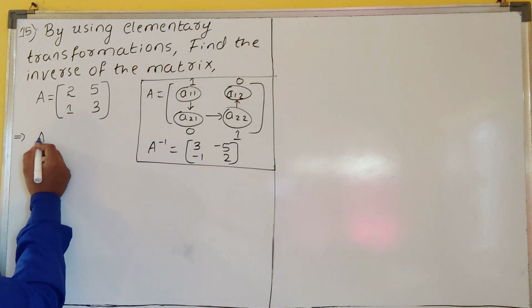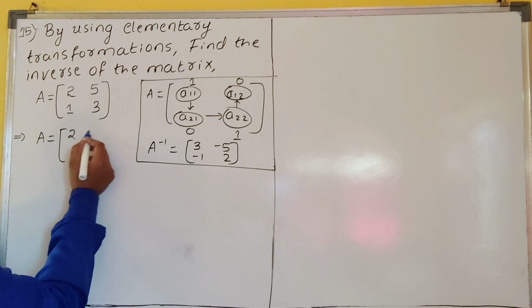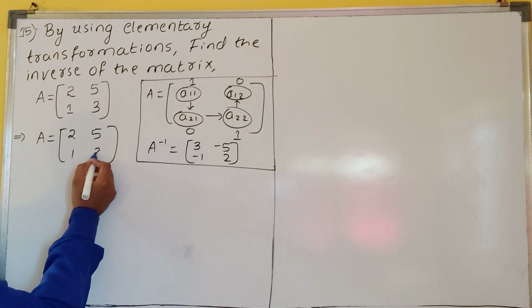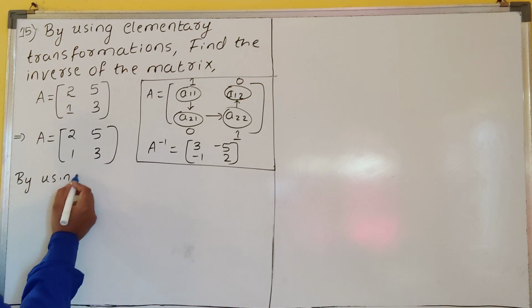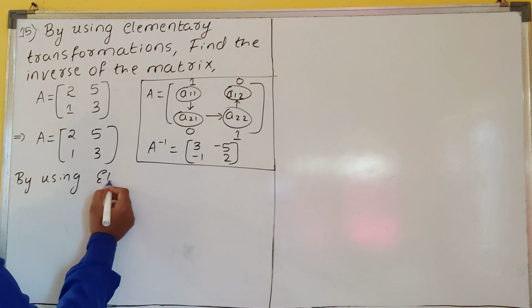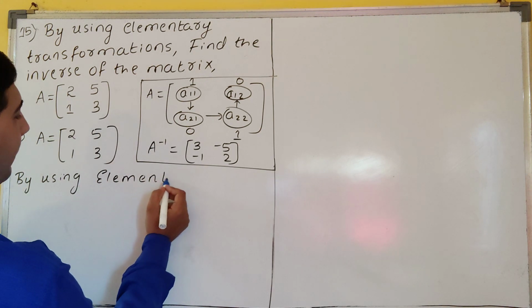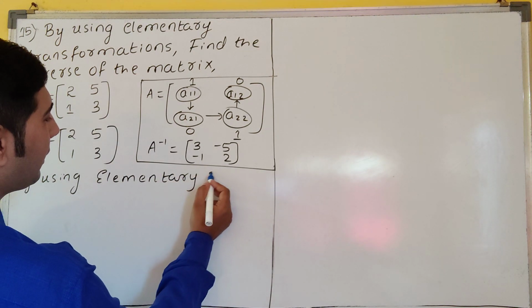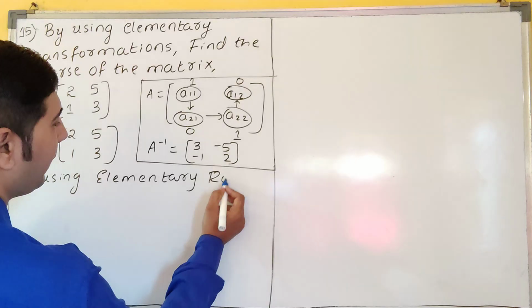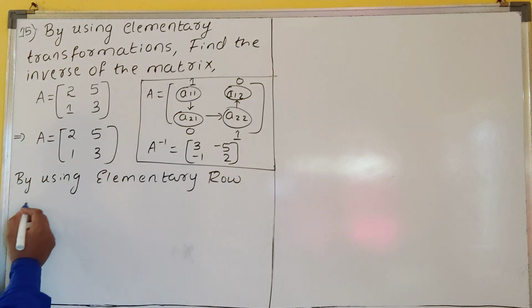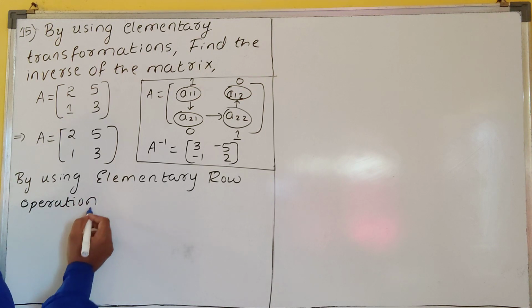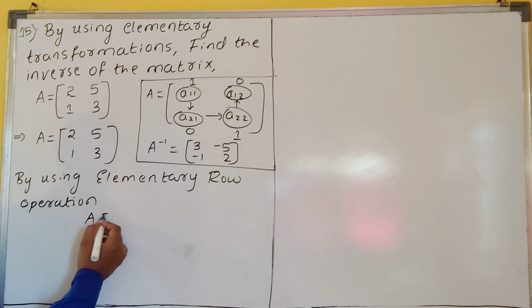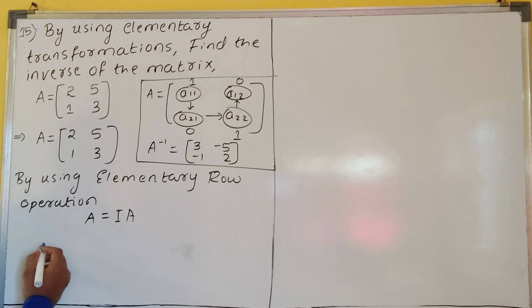So now A is equal to 2, 5, 1, 3. By using elementary transformation, I mean row operation, by using elementary row operation, A is equal to I into A. A is what, dear students?